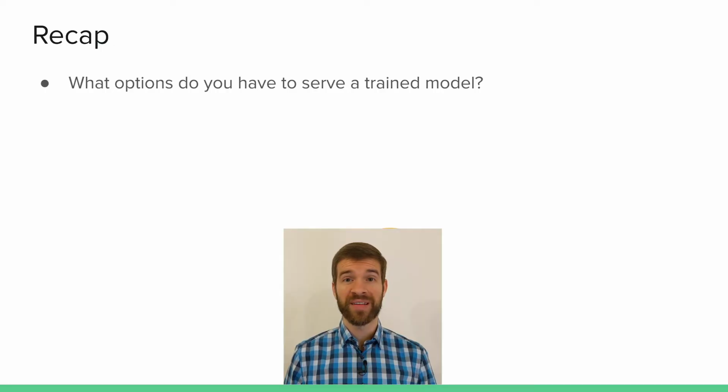Last week we talked about how we can serve models, and the options that you basically have for serving neural models are pretty much the same as with every software application.